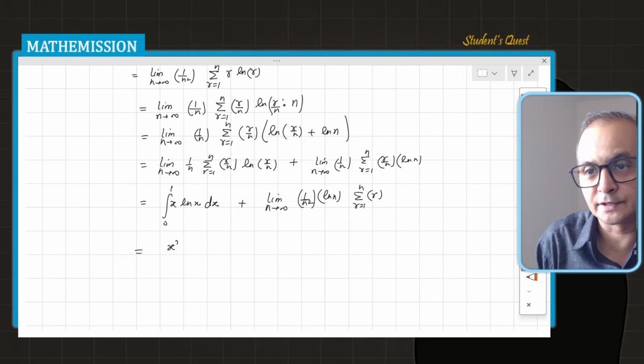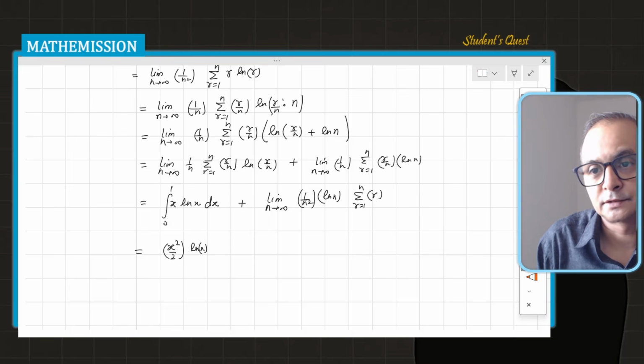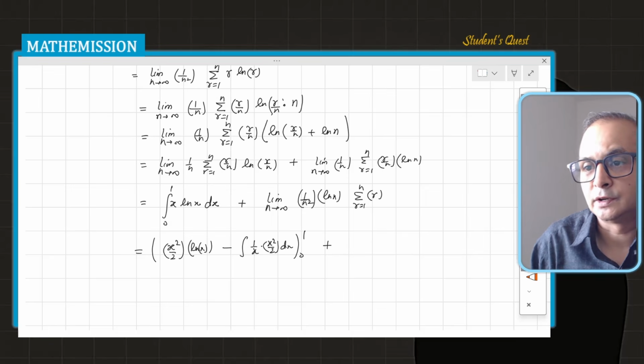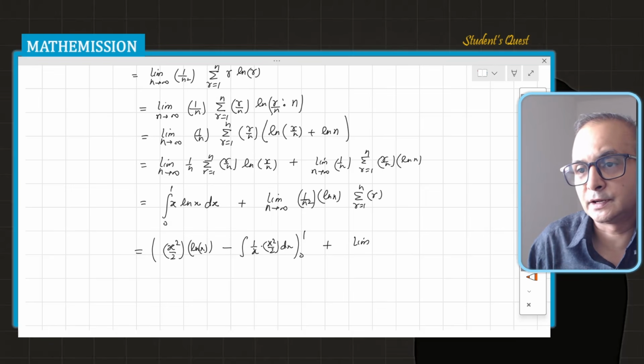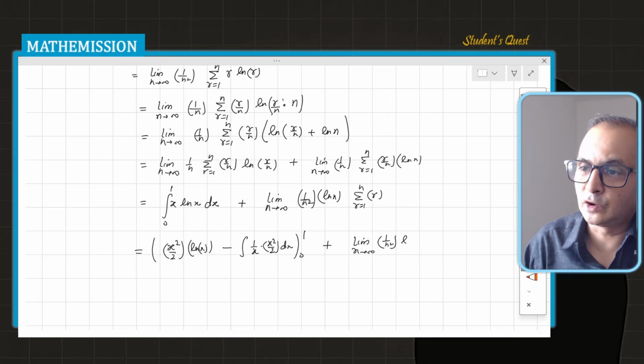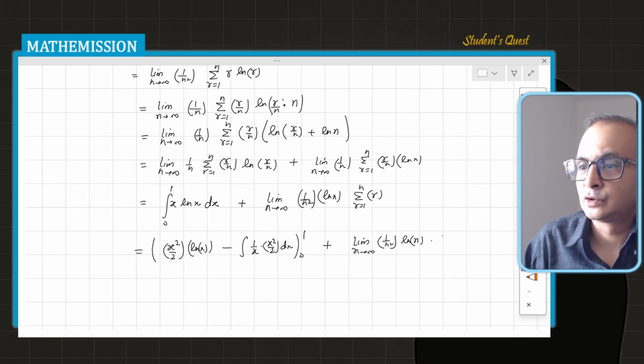So we'll give you x square by 2 into log x minus the integral of 1 by x into x square by 2 dx, and this whole thing from 0 to 1. And here, by the way, what you are getting, limit n approaches infinity, 1 by n square, and this is log n into n plus 1 by 2.